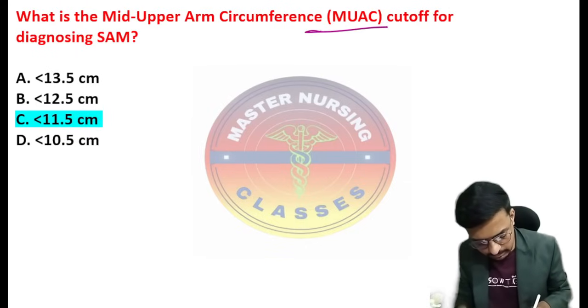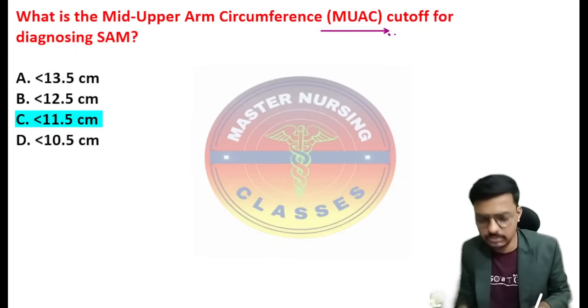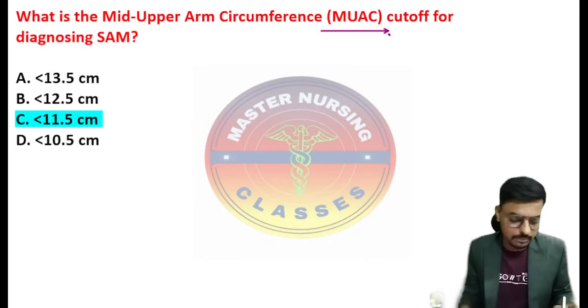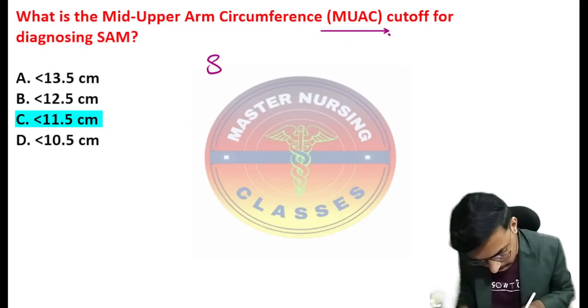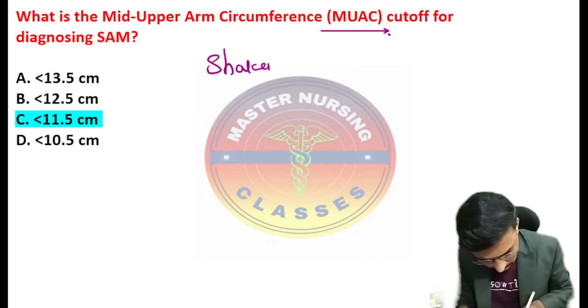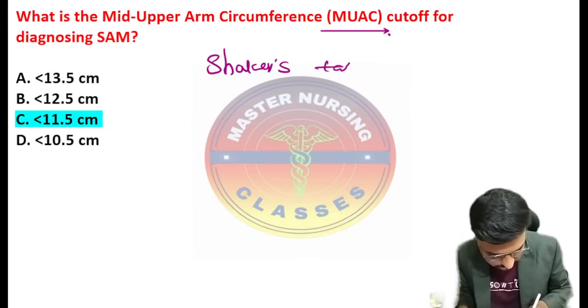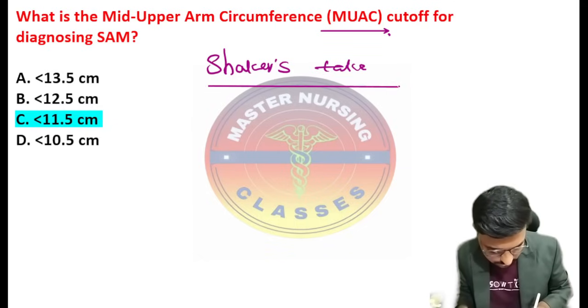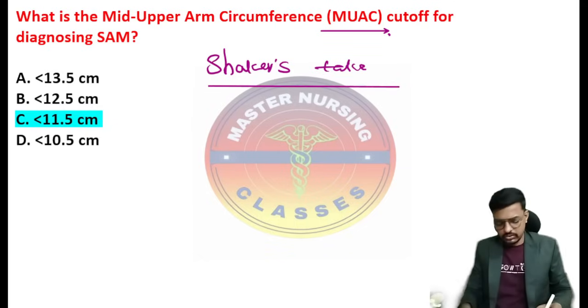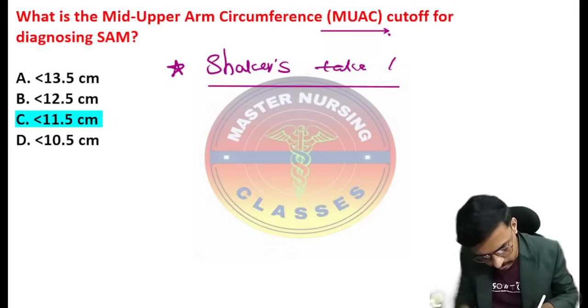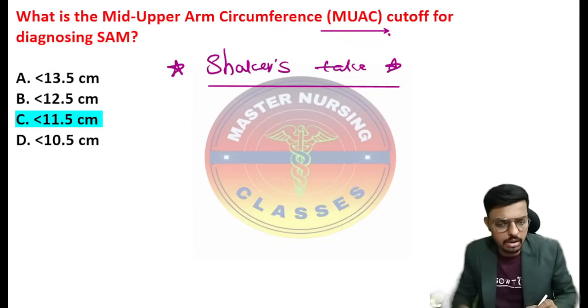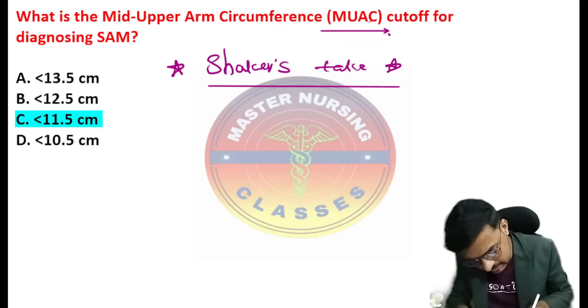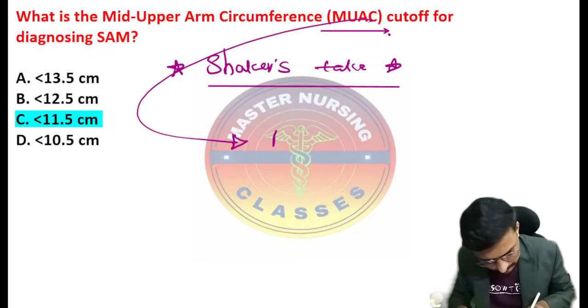So how do we assess the mid upper arm circumference? It is assessed by using a scale or tape called the Shakir tape. Very important. This tape is used to assess the mid upper arm circumference, and this is age independent.